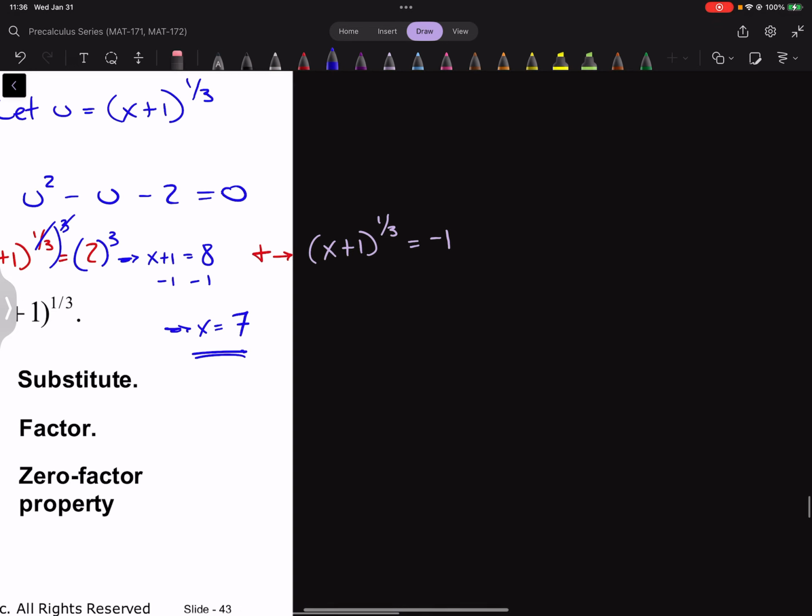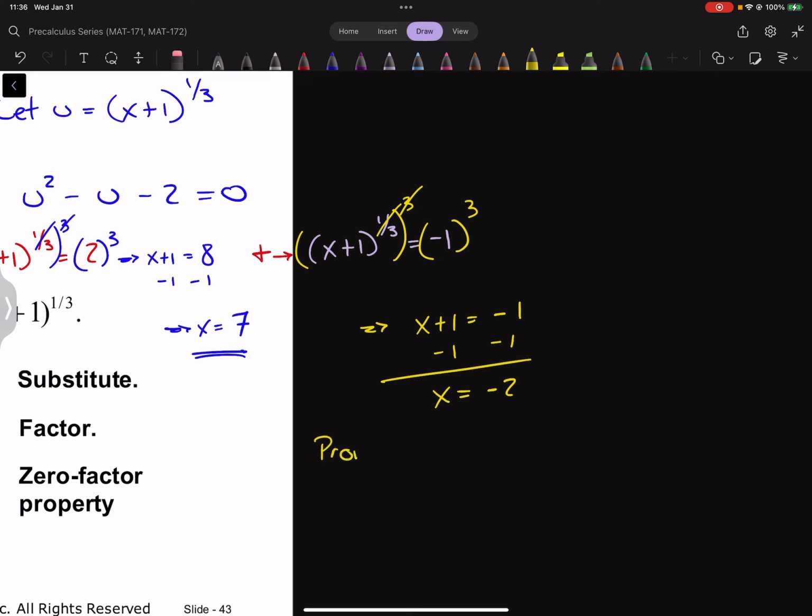For my other, I cube both sides. And I have x plus 1 equals negative 1 cubed. Now, negative 1 times negative 1 is positive 1, times negative 1 is still negative 1. I subtract 1 from both sides. My other proposed solution is negative 2.